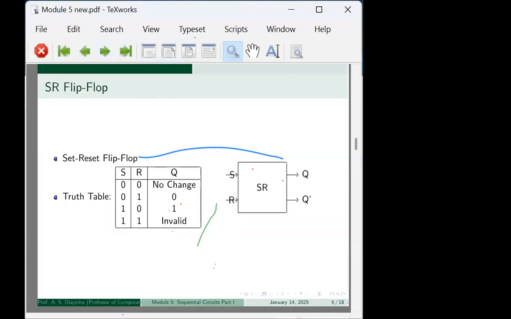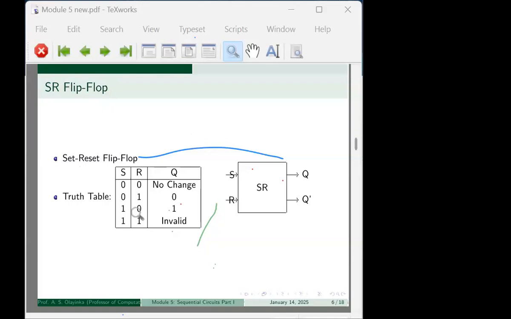Now let's look at a typical flip-flop. The flip-flop we have here is the one called SR flip-flop, Set-Reset flip-flop. S stands for set, R stands for reset.